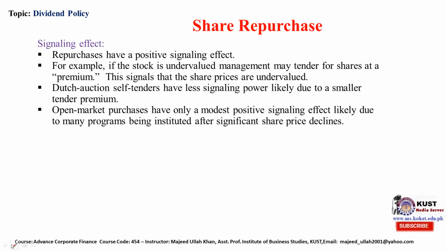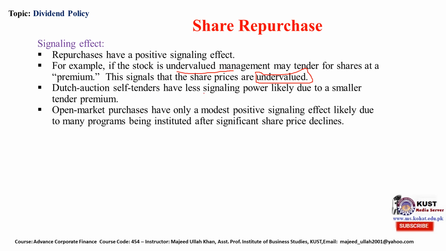What signaling effect will it give to the market? Repurchase has a positive signaling effect. For example, if the stock is undervalued, management may tender for shares at a premium. This signals that the share price is undervalued by the market. The actual value is higher, so it gives a positive signal.